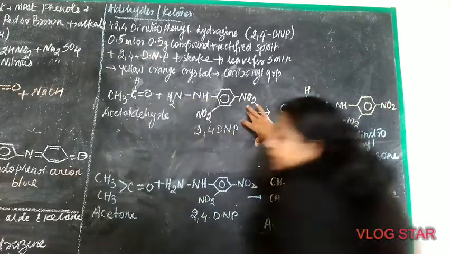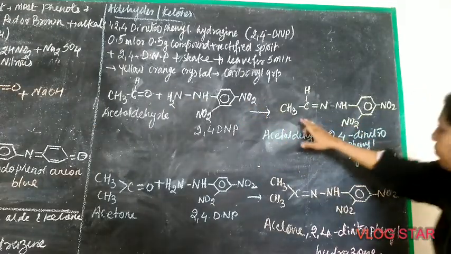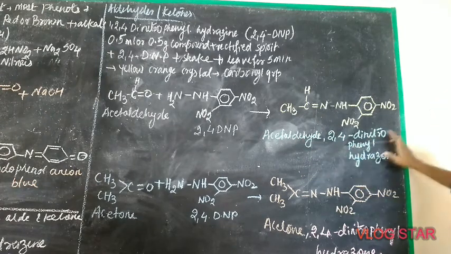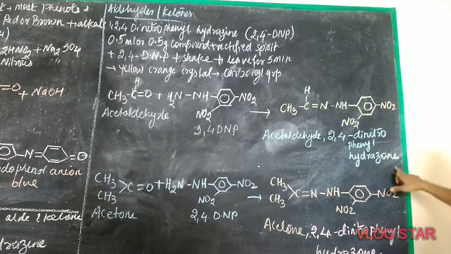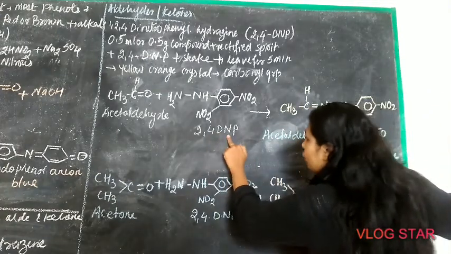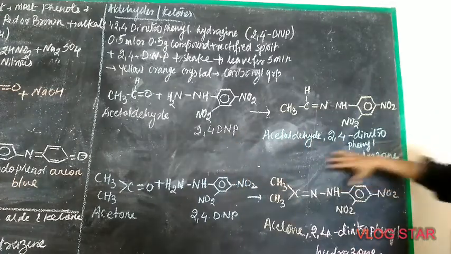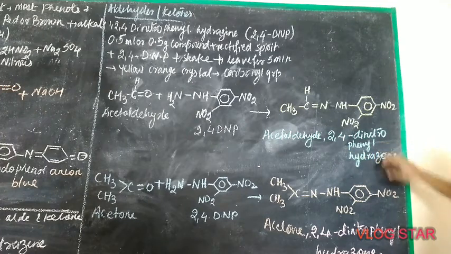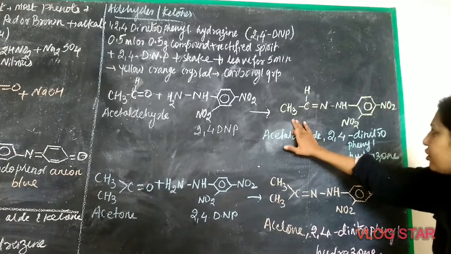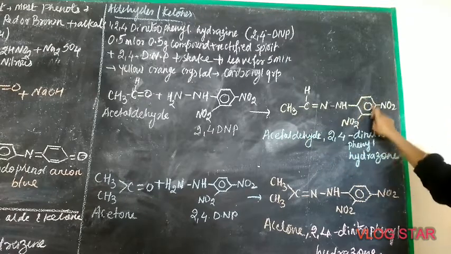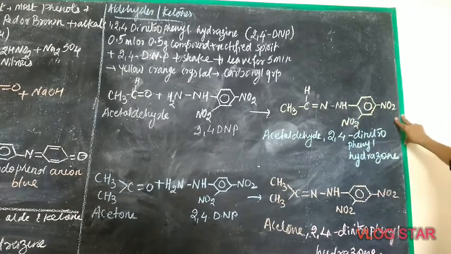It gives acetaldehyde 2,4-dinitrophenylhydrazone, that is CH3CH double bond N, NH, the aromatic ring, here NO2 and NO2.